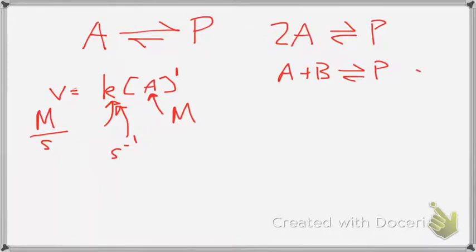We'd have v is equal to lowercase k, of course, times A times B. So it's first order with respect to A, first order with respect to B, but second order overall, because you just have to add them up. 1 plus 1 is 2.